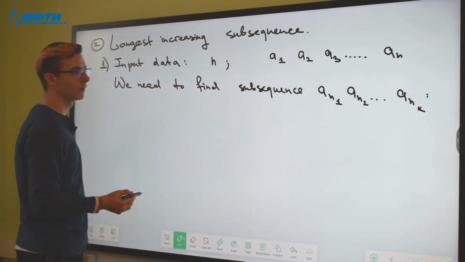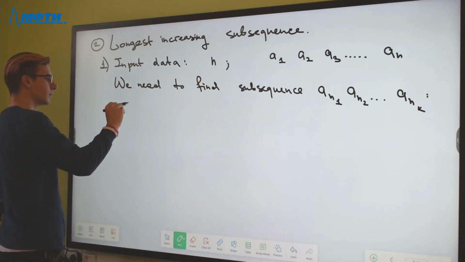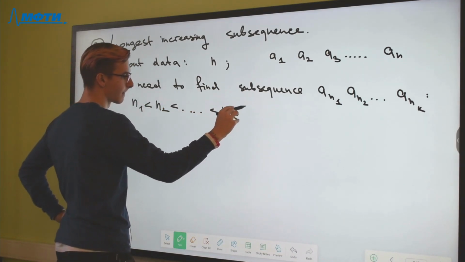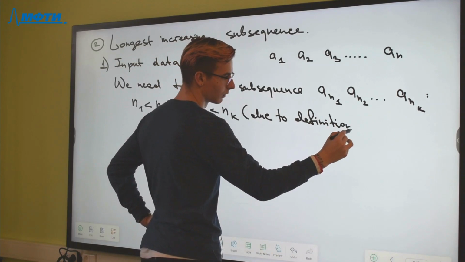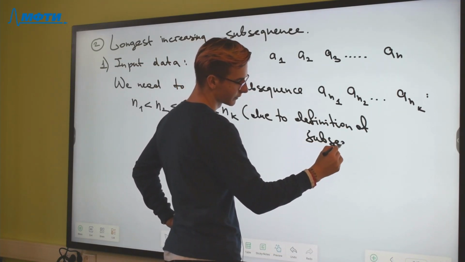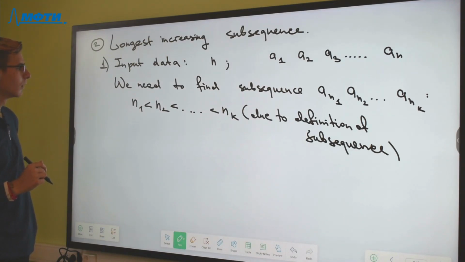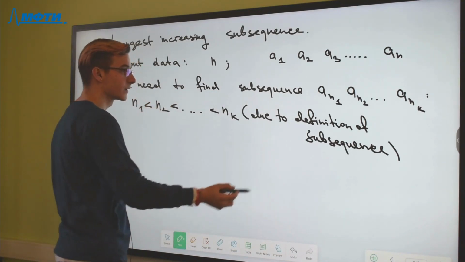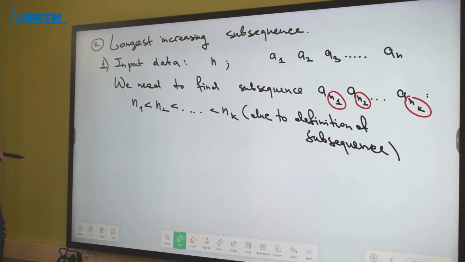such that, of course, it is a subsequence of this sequence, and by the definition of subsequence, the indices n1, n2, and so on will be an increasing sequence.